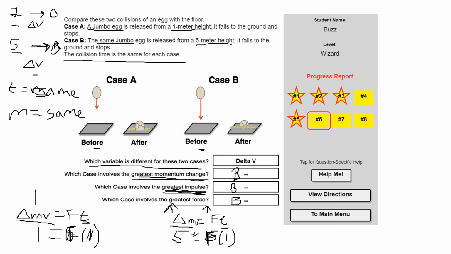So if time is constant, force and impulse are directly proportional.